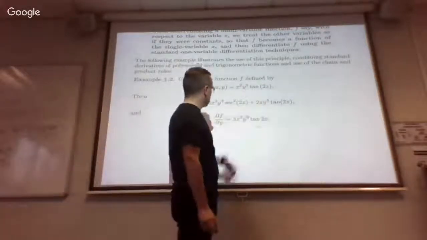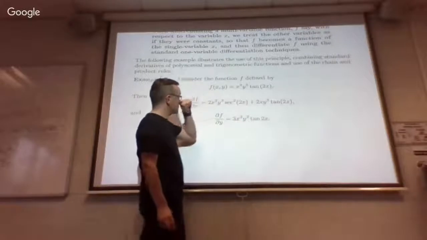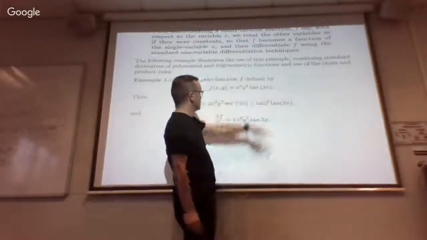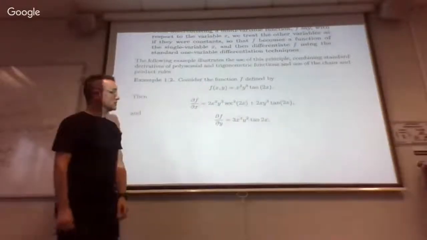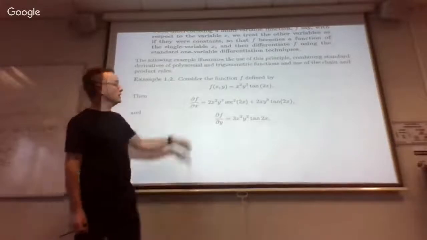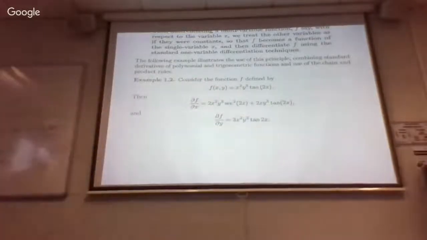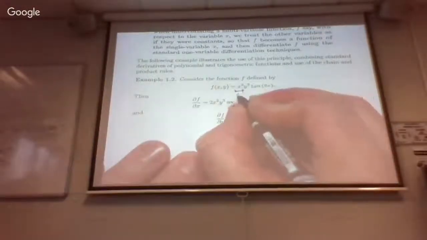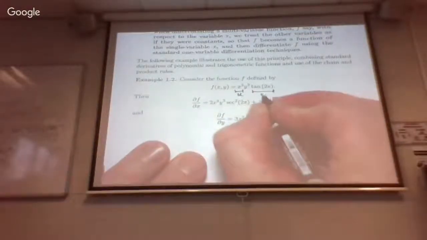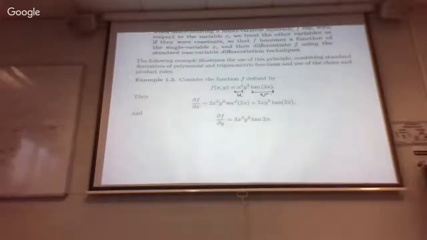So what's the derivative here? Well, the y cubed will be present everywhere because it's the constant multiplying this thing. So you need to apply the product rule. Remember, you've got, say, this u times v, if you like. So the u is x squared, the v is tangent of 2x.